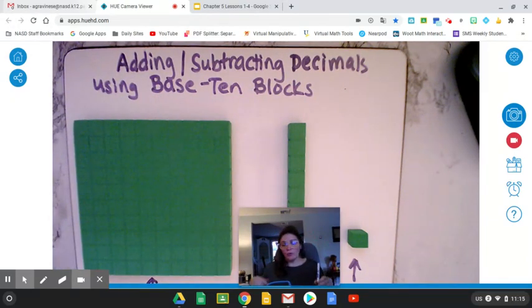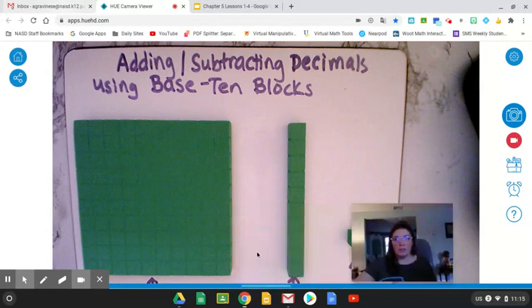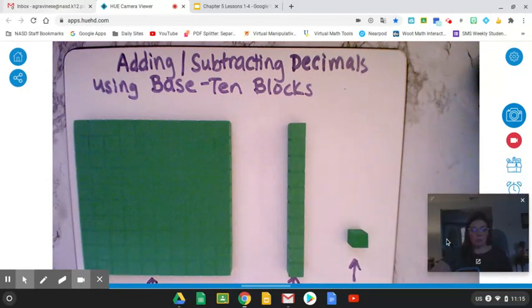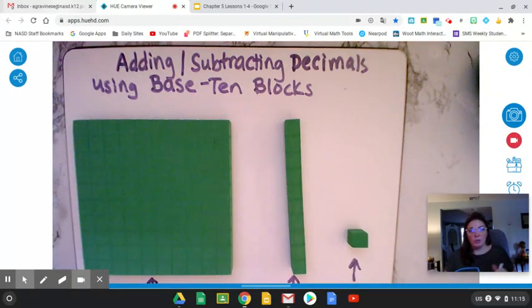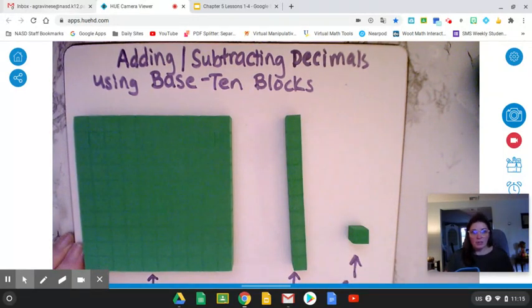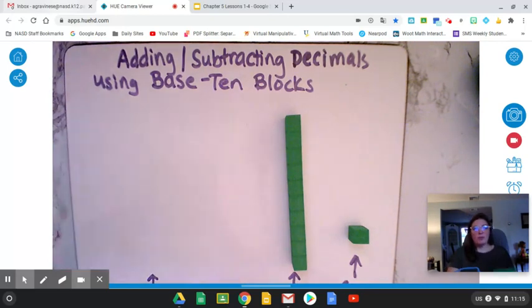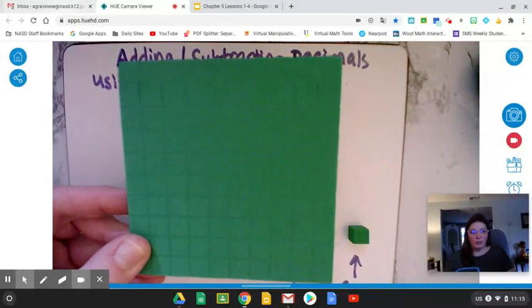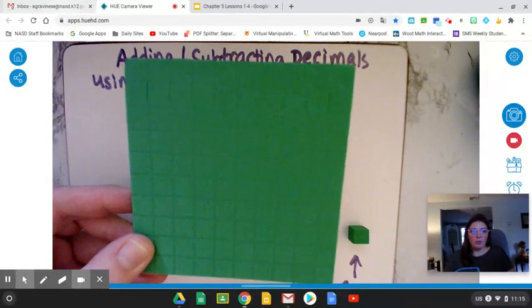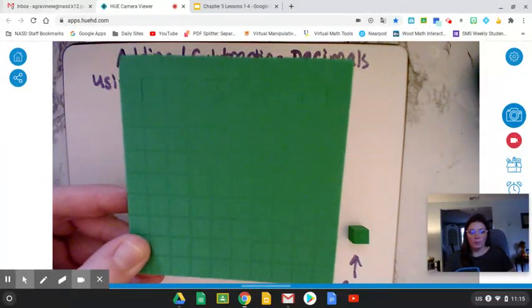All right, so before we get into the actual adding and subtracting, I want to just go over how we're going to use the base 10 blocks when working with decimals. When we're talking about decimal numbers, the 100ths frame that I'm holding in my hand is going to represent one whole.